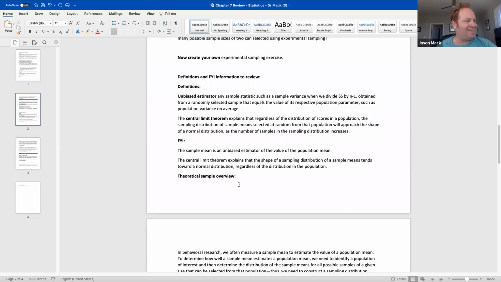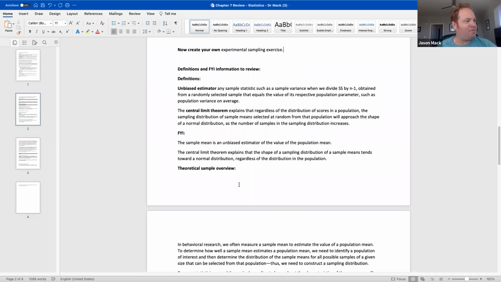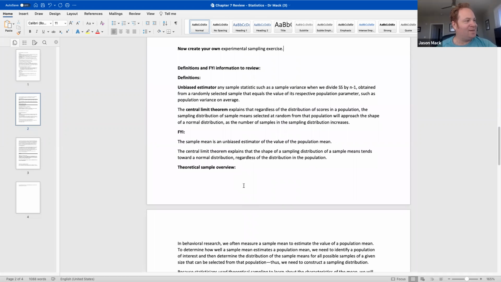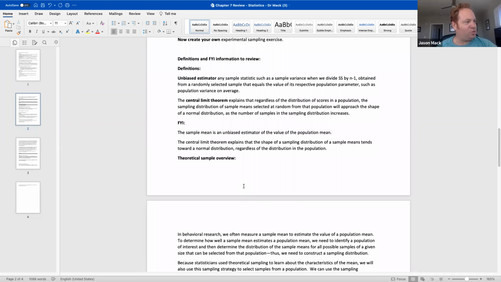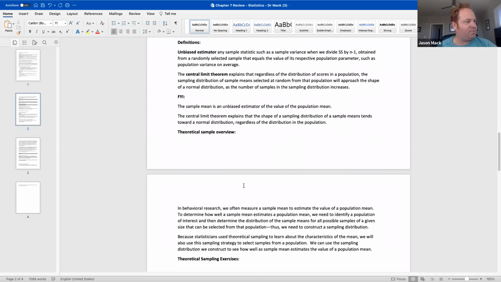FYI, the sample mean is an unbiased estimator of the value of the population mean. The central limit theorem explains that the shape of a sampling distribution of sample means tends towards a normal distribution, regardless of the distribution in the population.